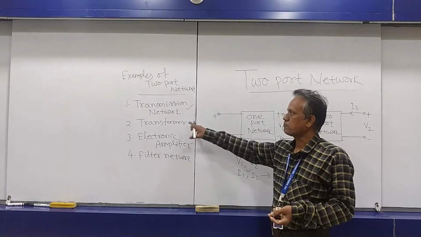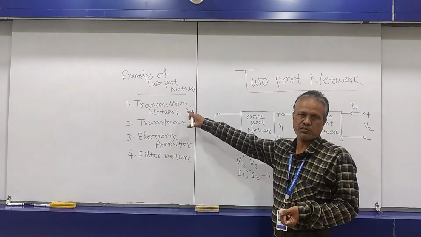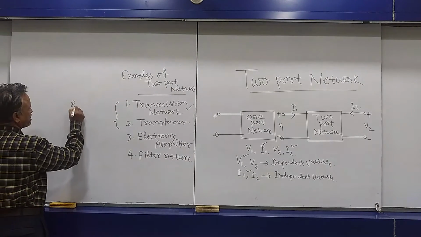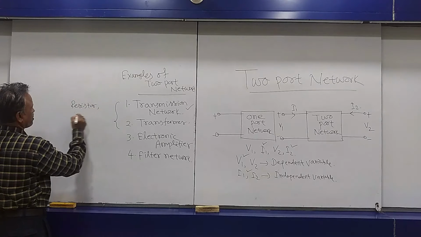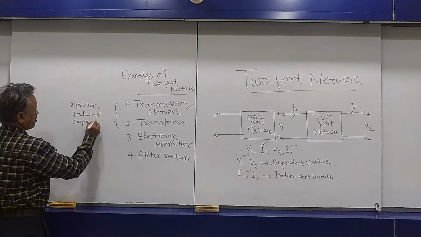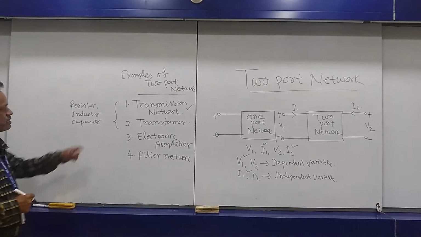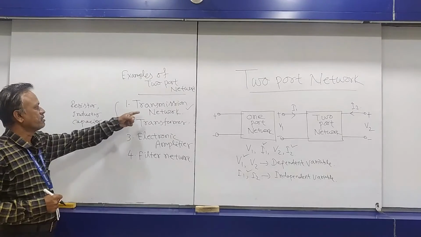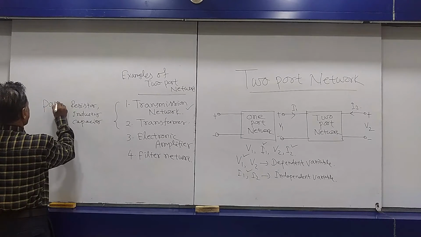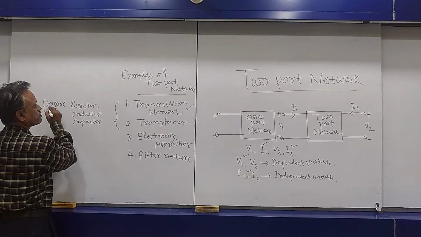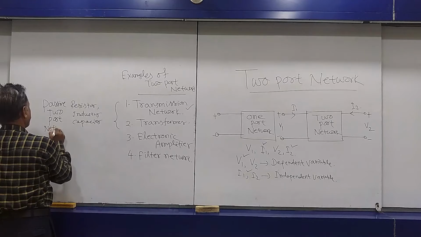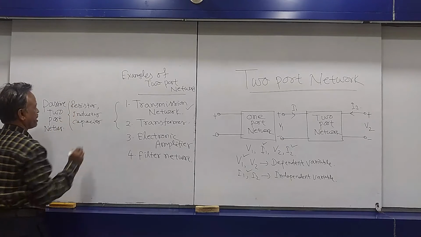These types of networks, the transformer or transmission networks, use passive elements, that is resistor, inductor and capacitor. These are used in these networks, that is why they are called passive two-port networks.